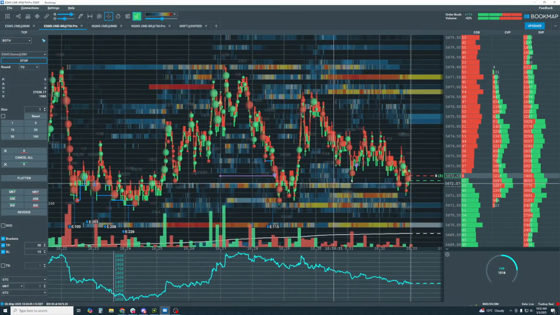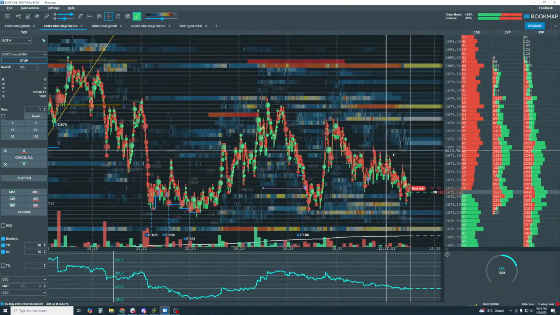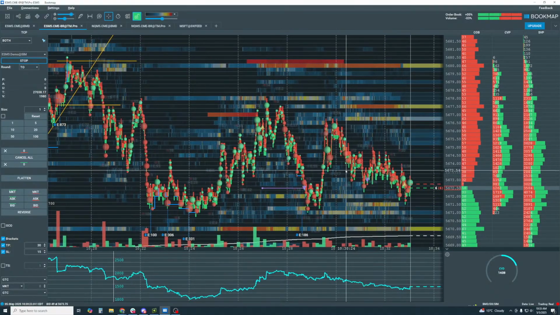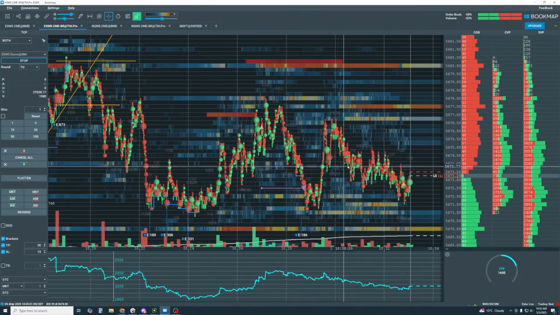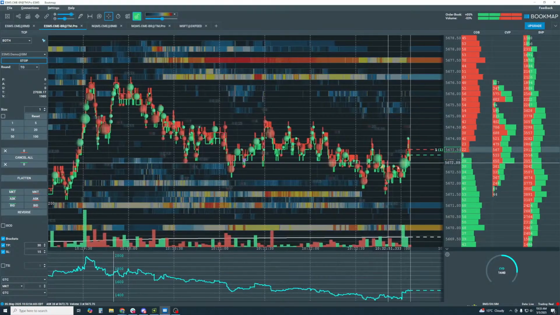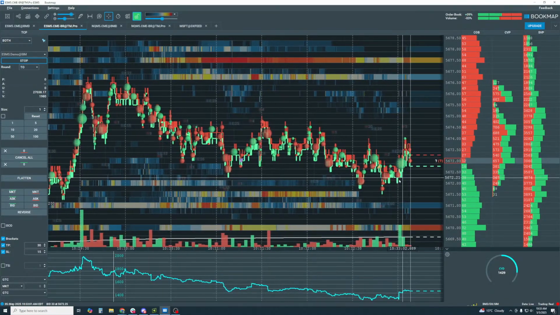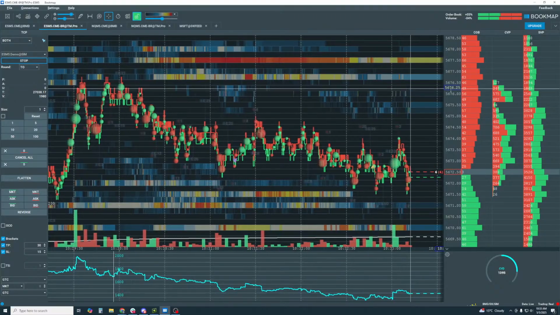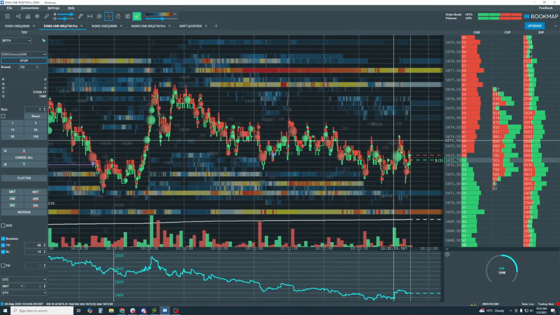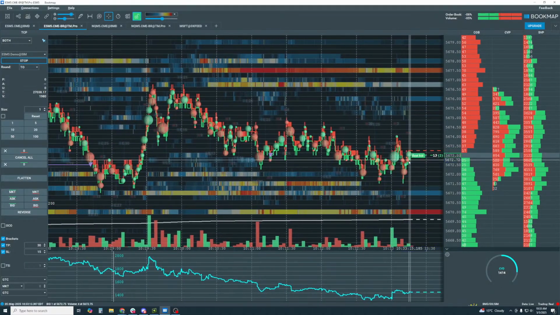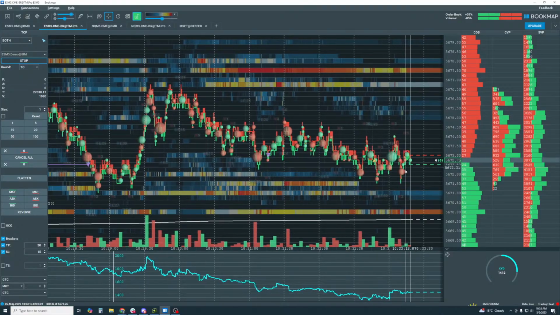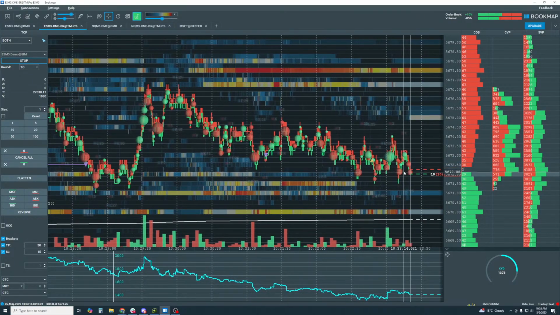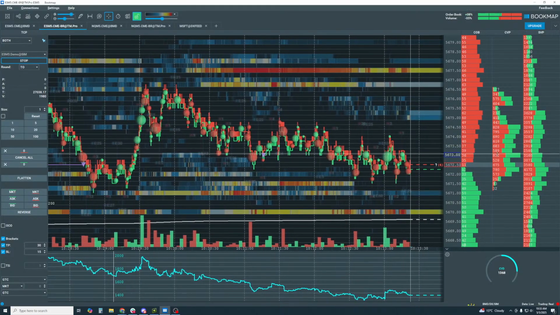All right, instead of looking for it live right now, because it's pretty choppy in here, we can look at some of the other examples. What we're looking for is decisiveness. The market is moving away, and then it pulls back because there's no one interested in taking it lower after that big impulse move.